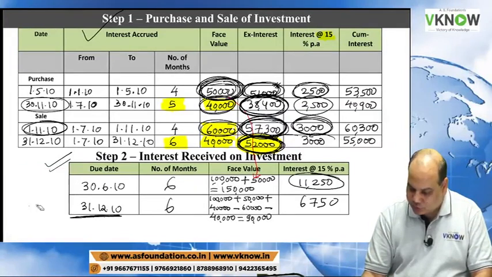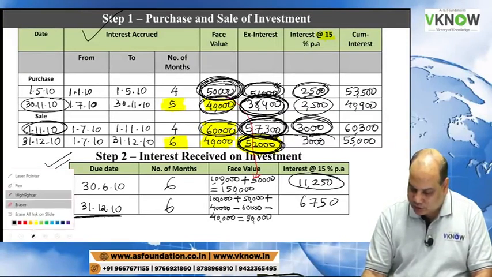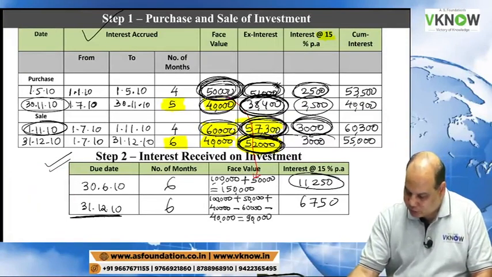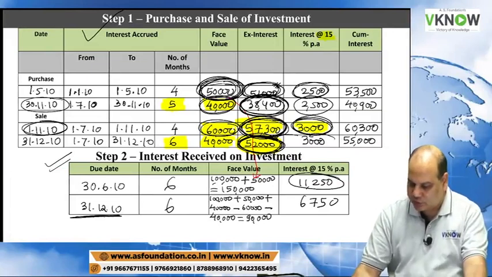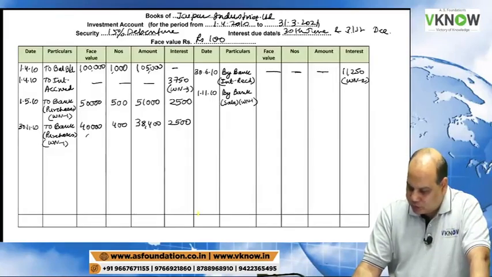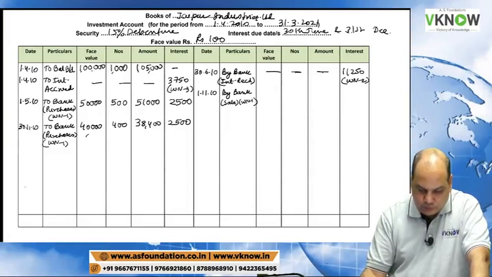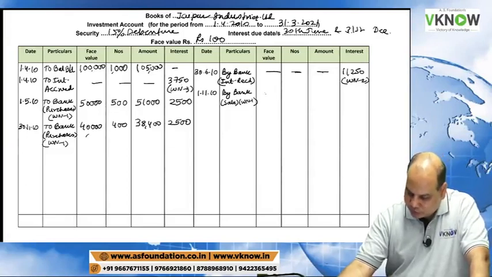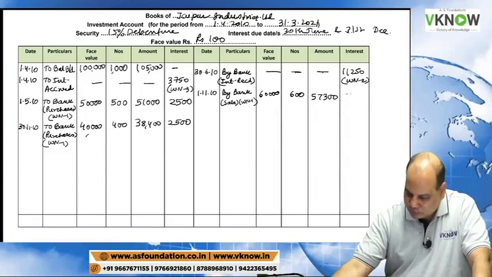So these figures you will write in the answer. Come with me to this credit side. Face value 60,000, quantity 600, 57,300, 3,000.